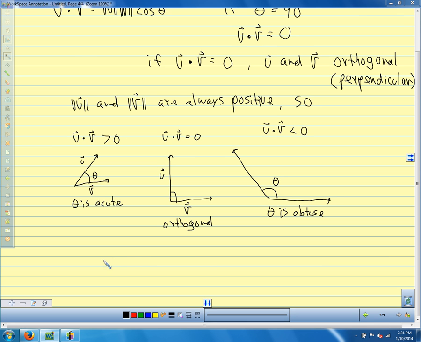A couple of other nice relationships. If u and v are in opposite directions, I'm going to say u dot v equals -1. Theta is 180 degrees.